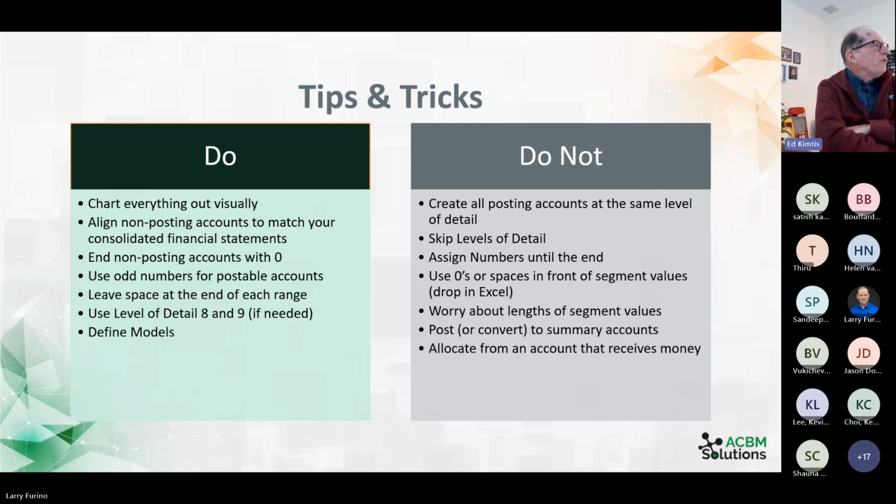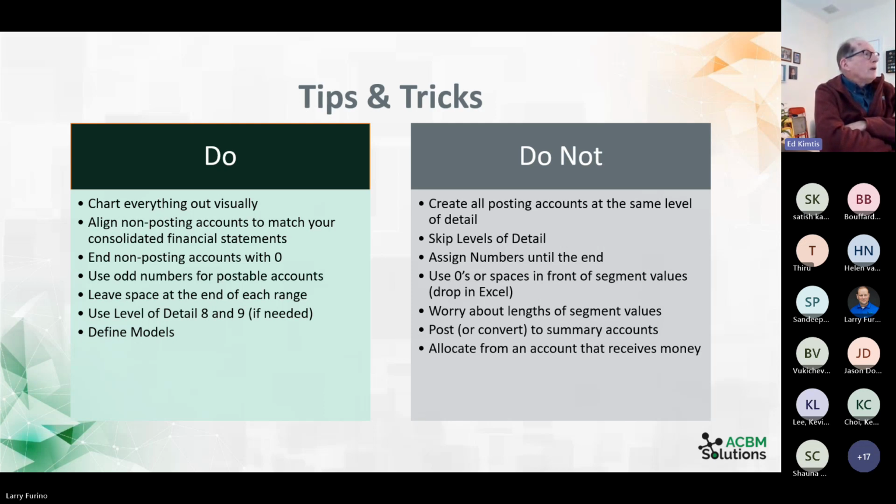We end, as I mentioned before, the non-posting accounts at zeros. We start with odd numbers, but you can always go to even numbers on the posting accounts. It just allows double the room, always leaving room at the end of every range of accounts and in between ranges, because you may acquire or start a business that's different than what you have today, and you need a whole range of accounts.